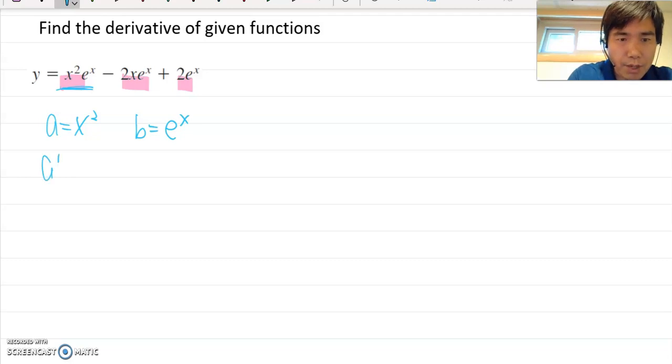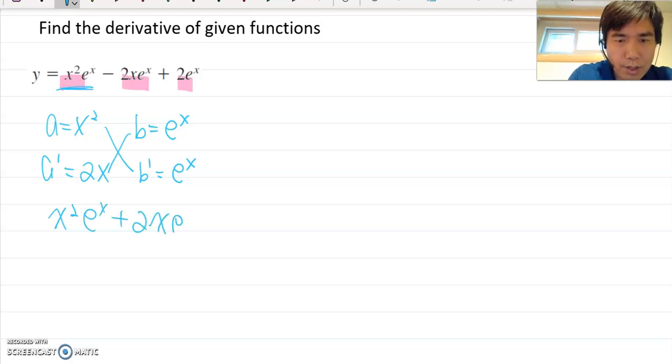Then a prime equals 2x and b prime equals e to the x. You cross multiply, then this becomes x squared e to the x plus 2x e to the x. I'm going to leave it like that, even though I can find the common factor x e to the x, because based on the other terms we may do something else together.